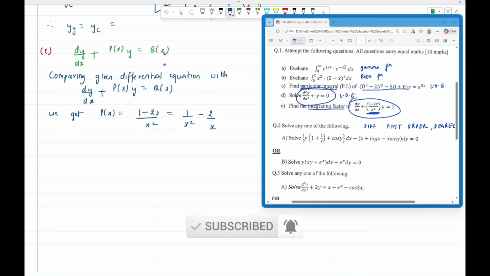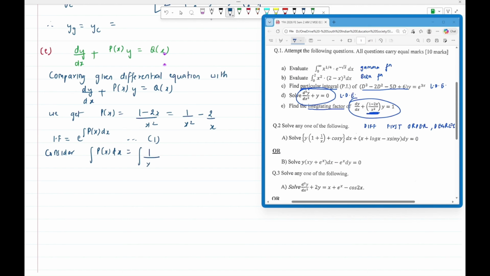Now for such linear differential equations, the integrating factor is given as e raised to the integral of p of x dx. So let us do the integration of p of x dx separately. So consider the integral of p of x dx. That's going to be the integral of 1 over x square minus 2 by x dx.